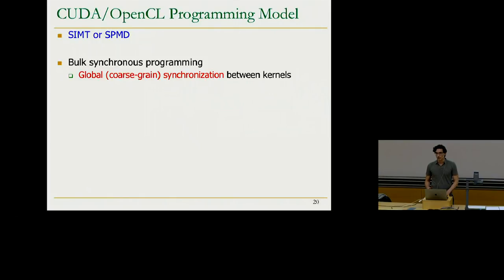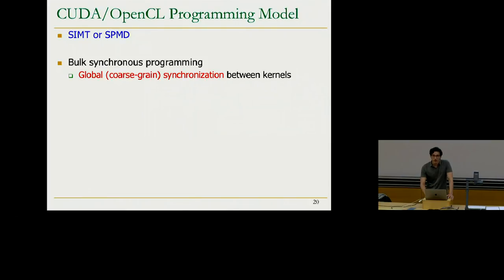It's cross-platform because we can use it on NVIDIA, on AMD, on Intel, and not only on GPUs, but also on CPUs. All the concepts that I'm going to introduce in this lecture apply to both CUDA and OpenCL. The only difference is some different names for some of the concepts, but I will point out these differences, but essentially the programming model is the same.